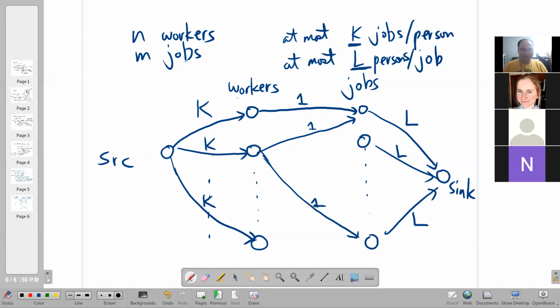Now, for example, here, if this worker gets both jobs, then he'll take these K tokens, pass one to this job, pass one to the other job, and pass the remaining tokens to whatever jobs he can get assigned to. And then this job will make sure that it cannot collect more than L tokens, because if it collects more than L tokens, then too many people are doing this job.